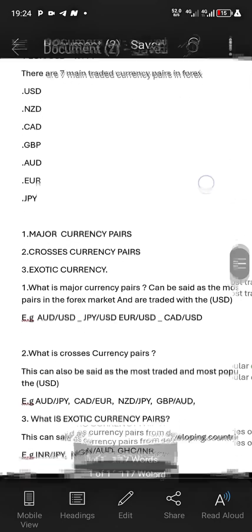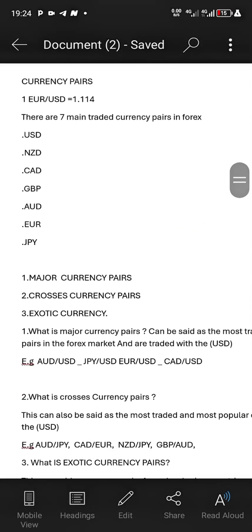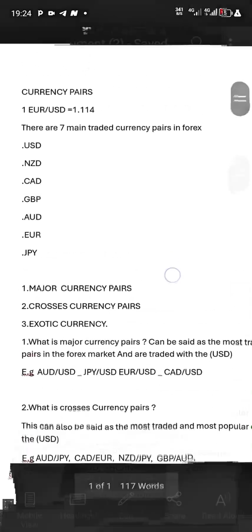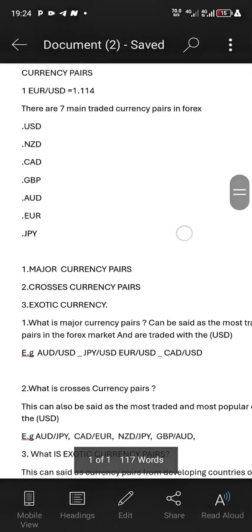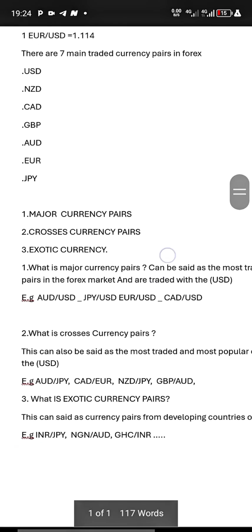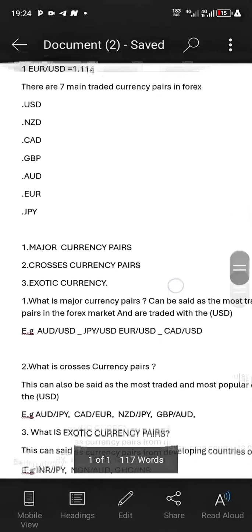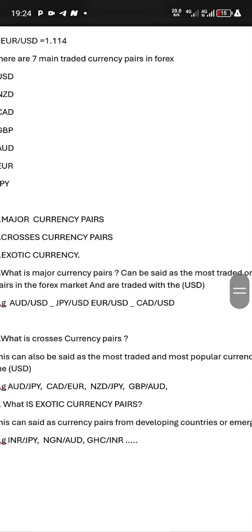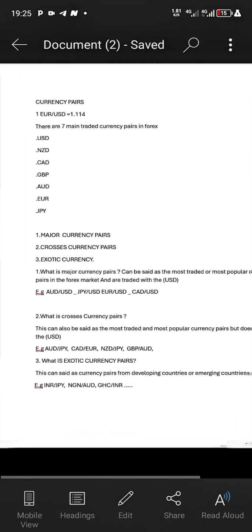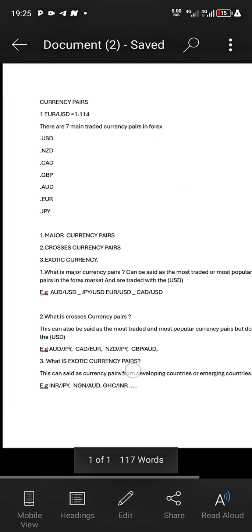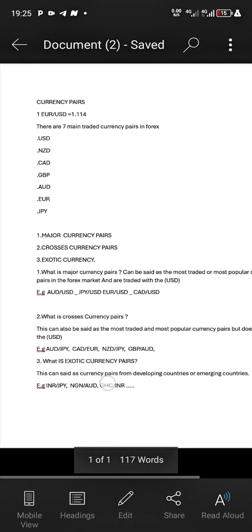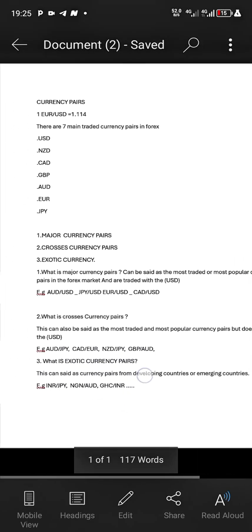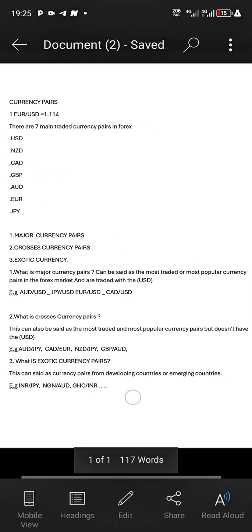So now going to low volatility. When we say there is low volatility, it means that prices are changing slowly. You see what I'm trying to explain: prices are changing slowly in the forex markets, where the exotic currency pairs are under low volatility. Prices in these currency pairs change very slowly.